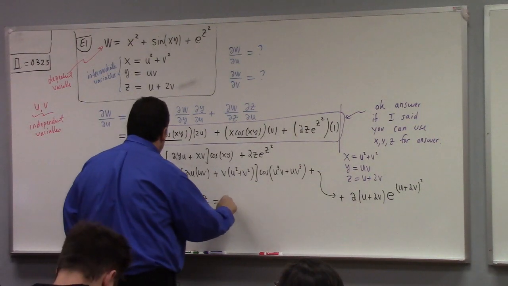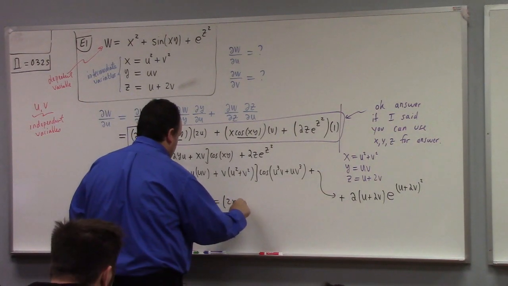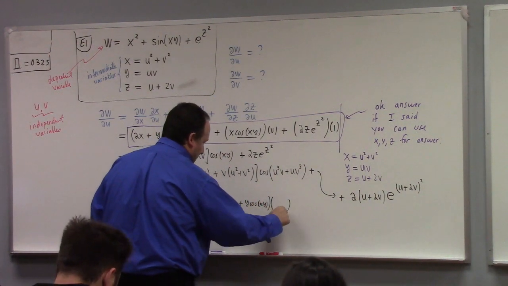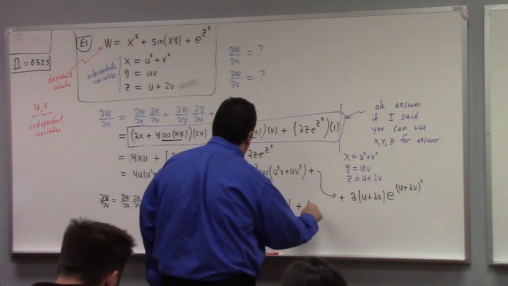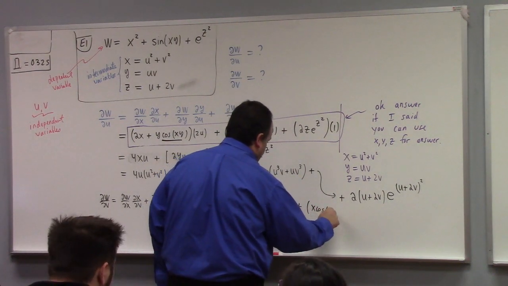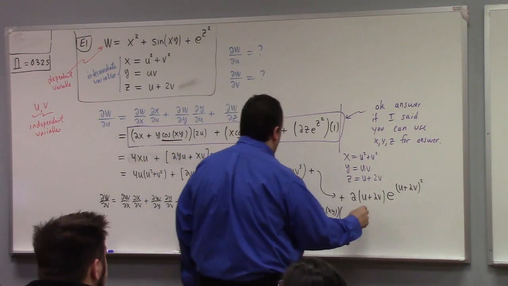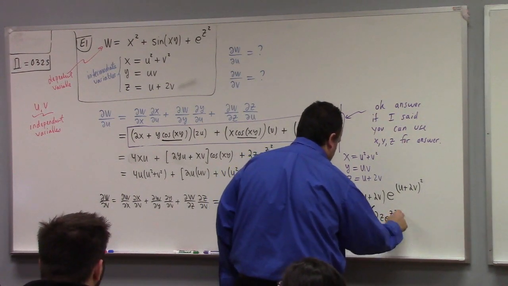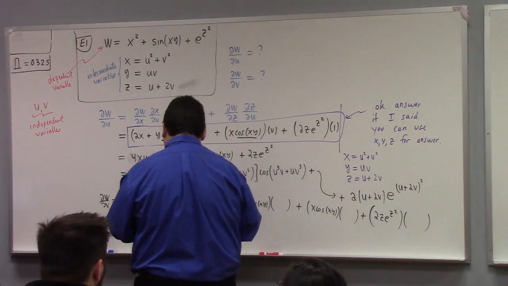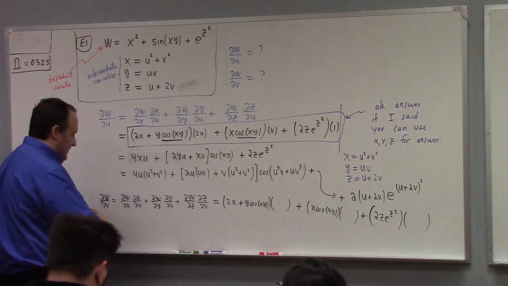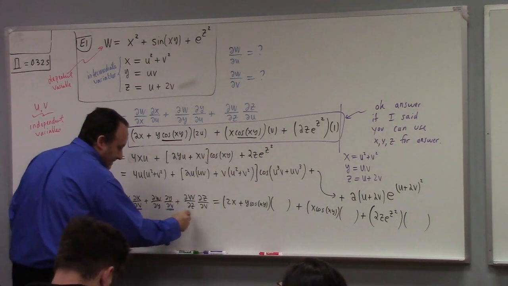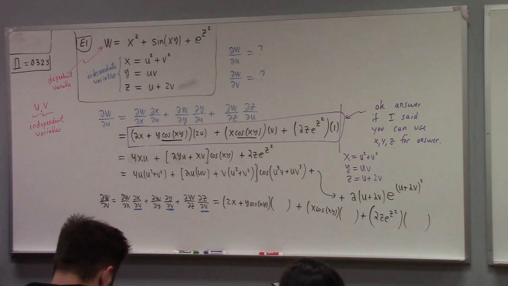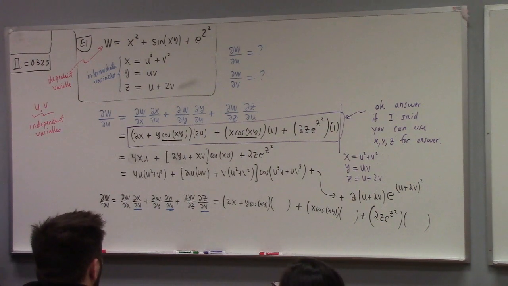You know, it's still 2x plus y cosine xy, right? Times something, plus x cosine xy times something, plus 2z e to the z squared times something, right? And you notice the only difference here is just that these guys are different, right? The chain rule, it's the same pattern, it's just now I've got the partial derivatives for the intermediate variables.